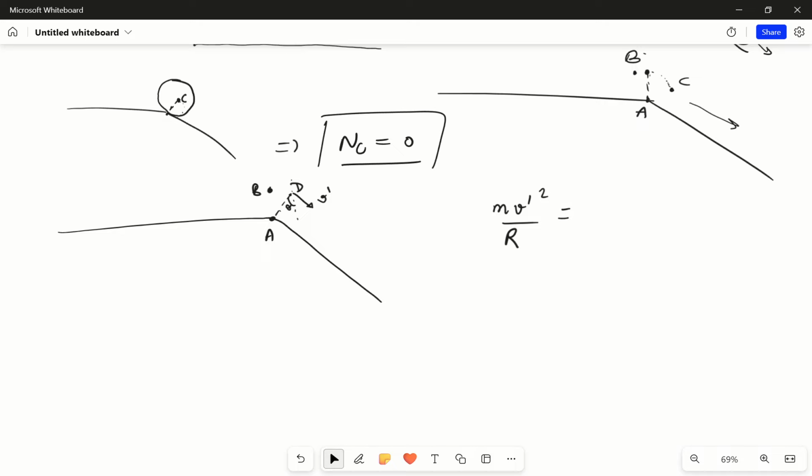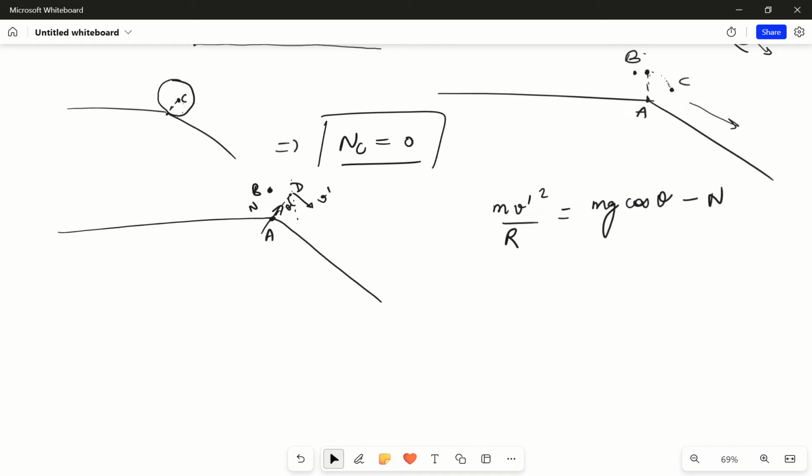equal to the normal that is applied from the ground towards the center, let's assume it's N, and the gravitational force that is acting away from the center, so it is equal to mg cos theta minus normal, right?